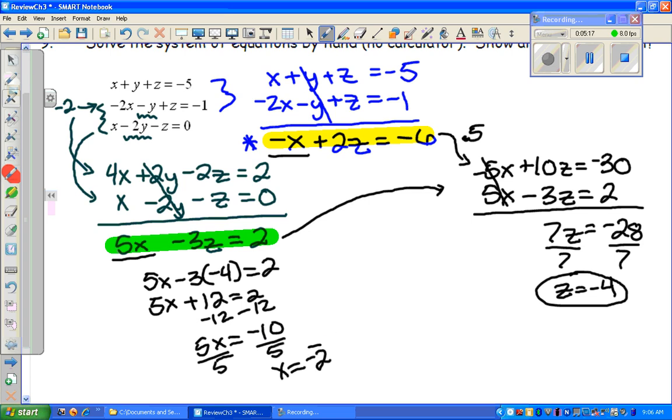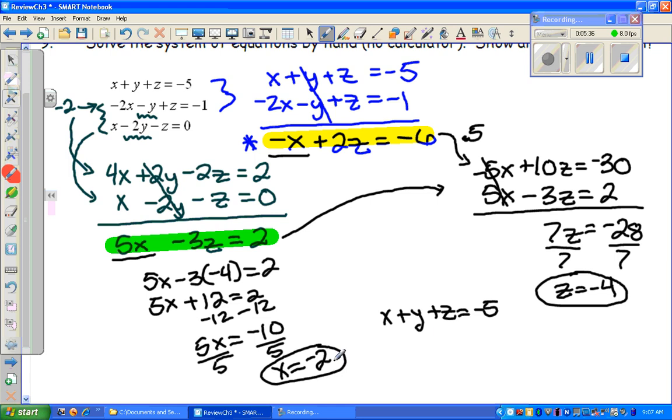So right now we have 2 out of 3 of our answers. To get the third answer, we need to go to one of our original equations, and it doesn't matter which one. The first one looks like the easiest for plugging in. I'm going to write that equation: x plus y plus z equals negative 5.